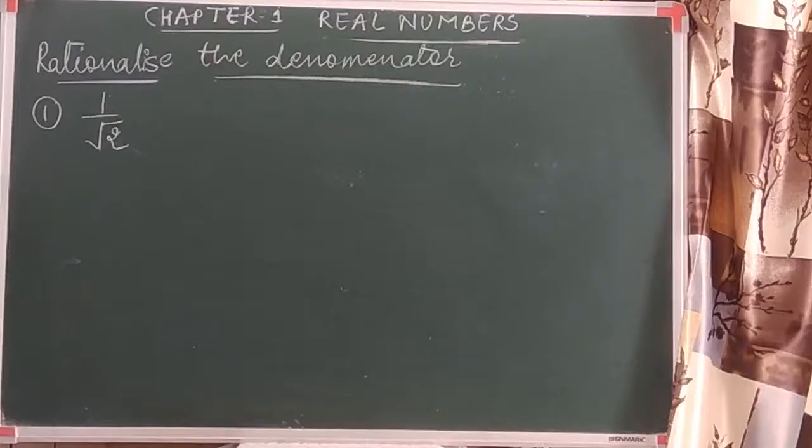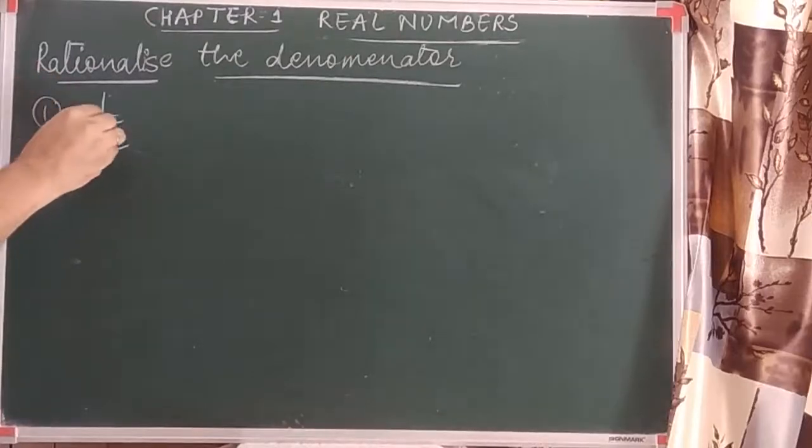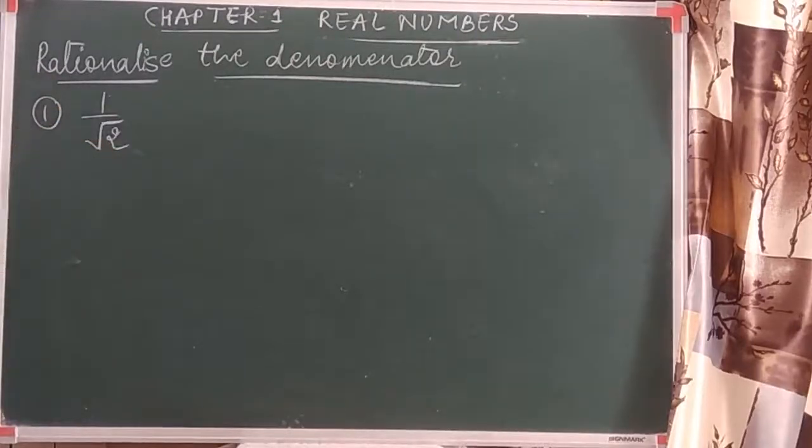Let's come to the topic, how we can convert this denominator into a rational number. So let's think, root 2 multiplied with which number can convert root 2 into a rational number?